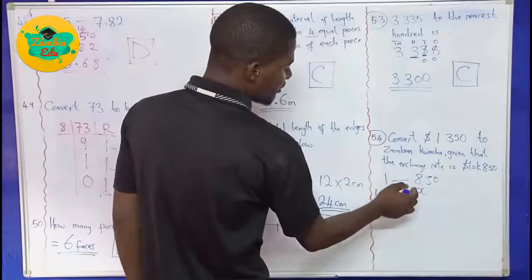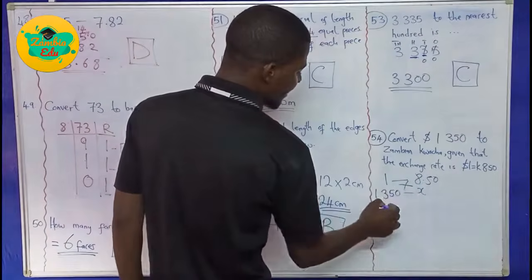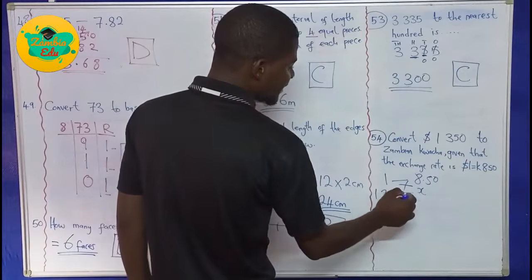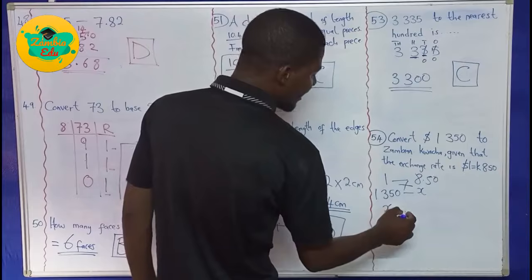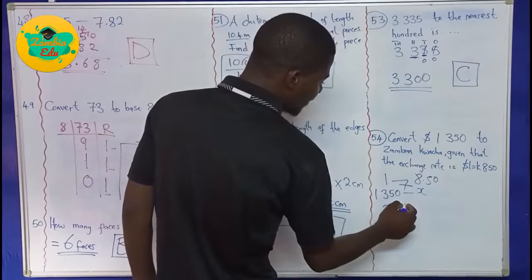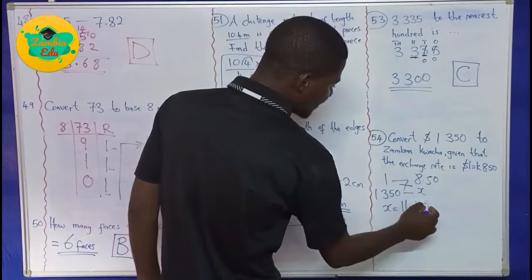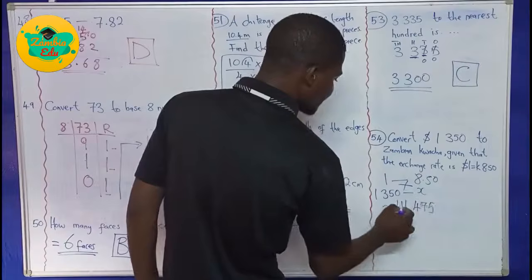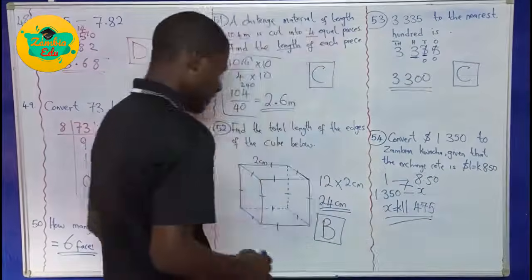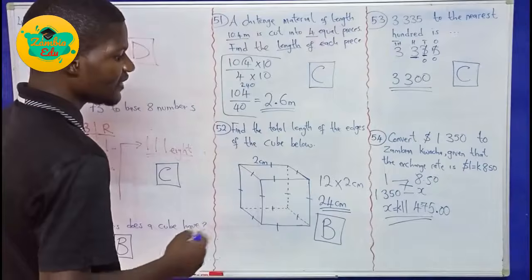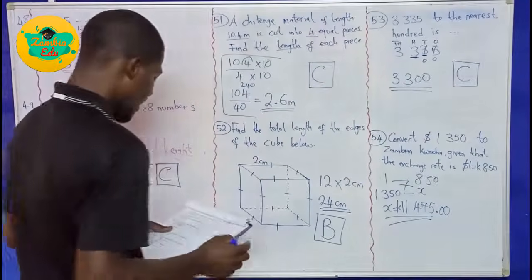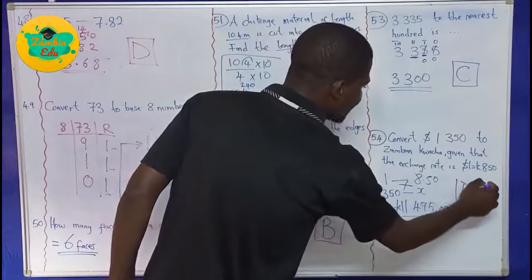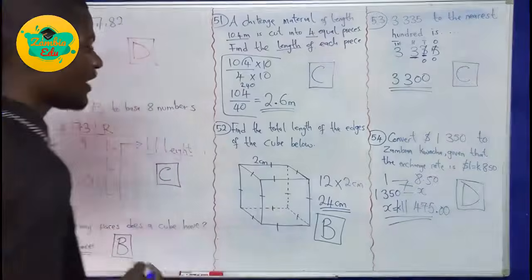So you do direct proportion that way, you cross multiply. 1 times x gives us x, which is equal to 1,350 times 8.5, which should give us 11,475 kwacha as our answer. And we see that 11,475 kwacha came under option D, and therefore we can safely say 54, the answer was D.